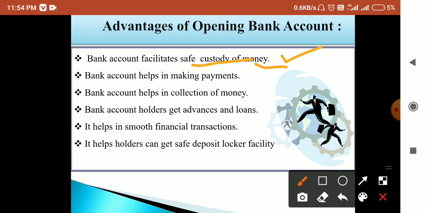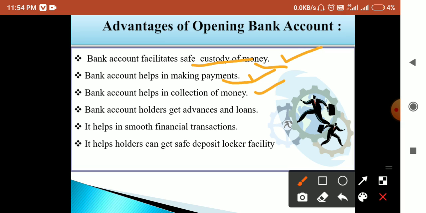It's very safe to save money. Second, bank accounts help in making payments. It's very easy to pay money. A bank account also helps in collecting money from labourers and other people. It's very useful and easy.